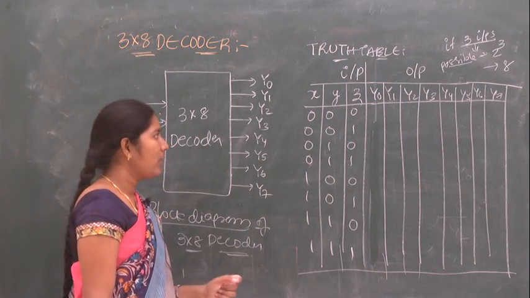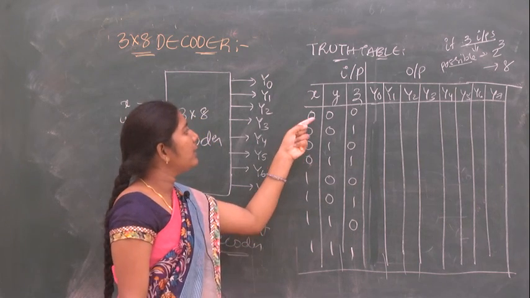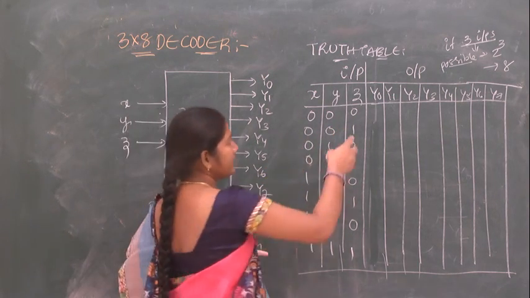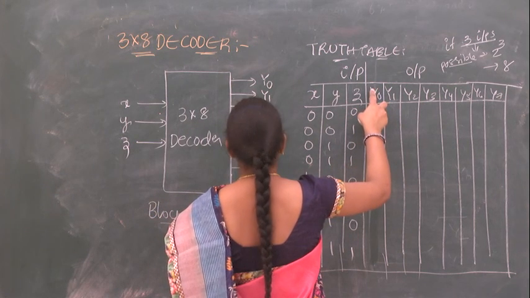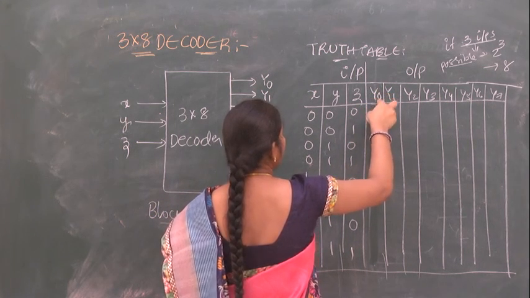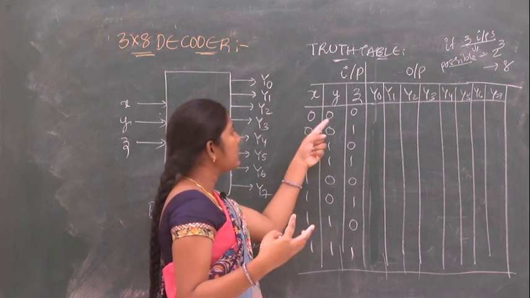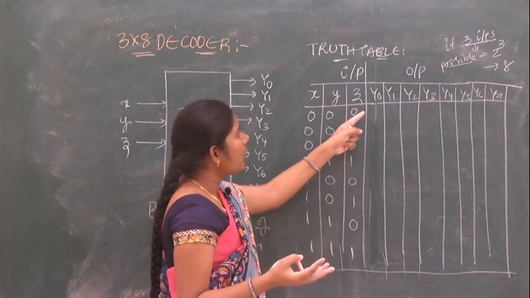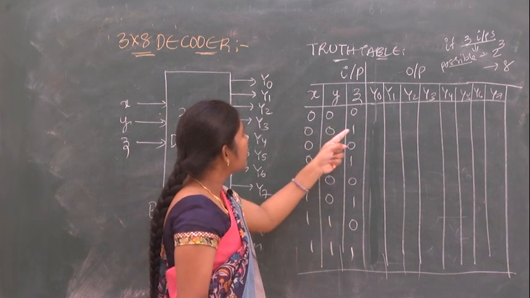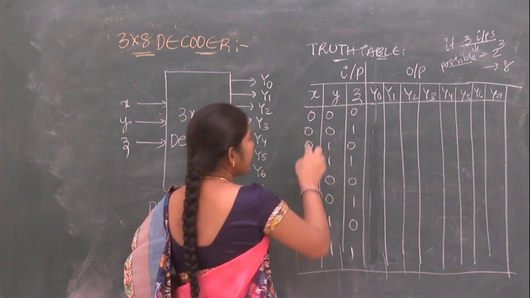A decoder is what? It will transfer the given binary into an equivalent output. Like for 000, the corresponding decimal value, Y0, will be high. For 001, the corresponding decimal value, Y1, will be high, like that.